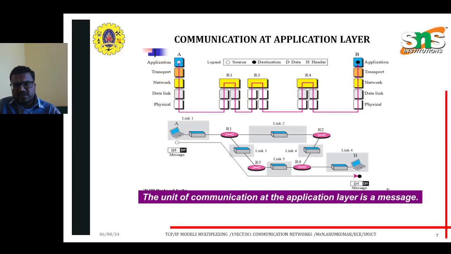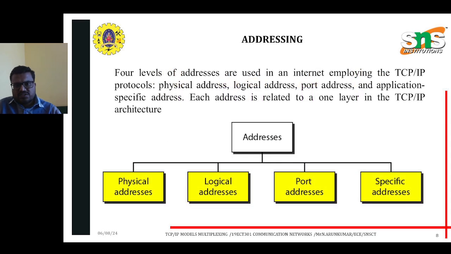Next one is the application layer. In this model, we type our messages as well as information by typing an IP address, so that it is passed to the next end. Addressing: initially the address is fetched by the IP address, internet protocol. The addresses are normally physical addresses, logical addresses, port addresses and specific addresses.